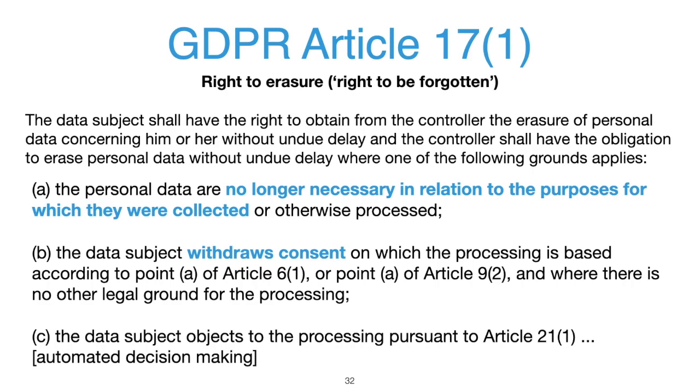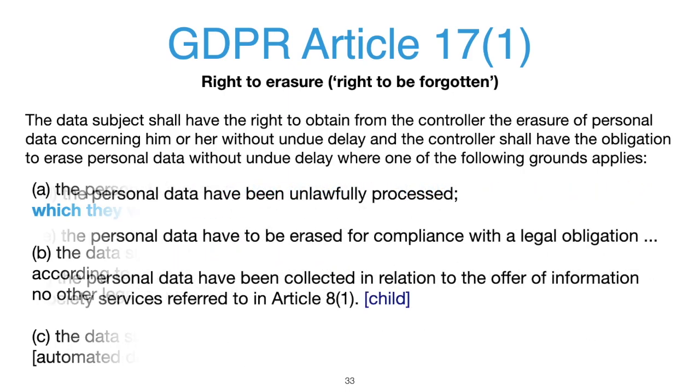So in Article 17.1 then, the right to erasure goes into detail, and the data subject shall have the right to obtain from the controller the erasure of personal data concerning him or her without undue delay when the following applies. And only one of these things needs to apply. So where the personal data are no longer necessary in relation to the purposes for which they were collected, or if the person withdraws consent, or if the subject objects to the processing pursuant to Article 21.1.